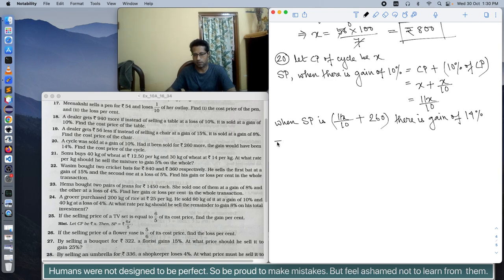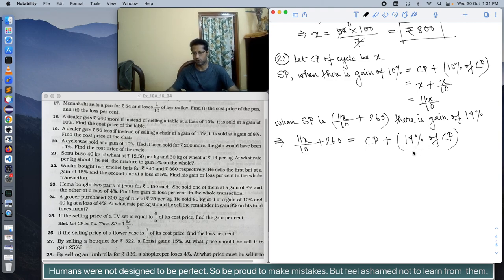Now from this we can say that if the selling price is 260 more than 11x by 10, which is equal to 11x by 10 plus 260, it is saying that the gain would be 14%.